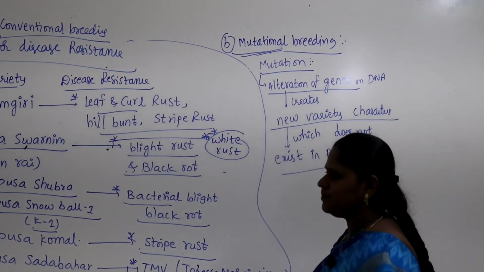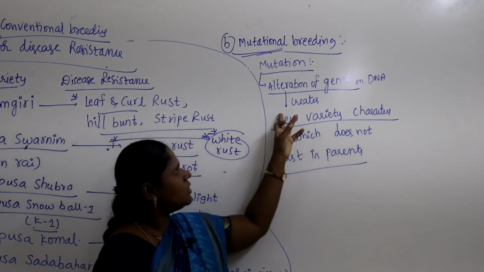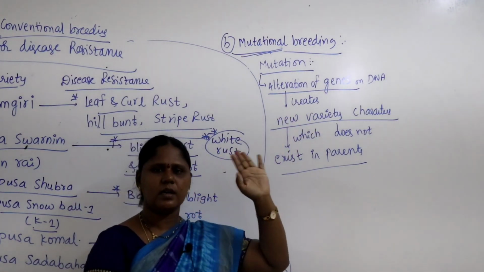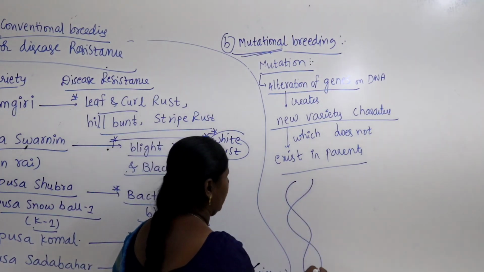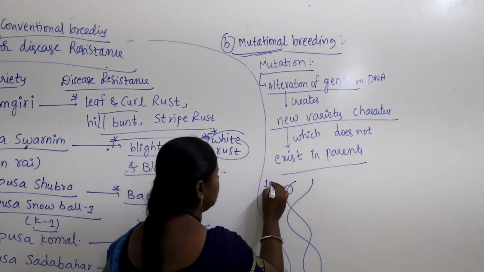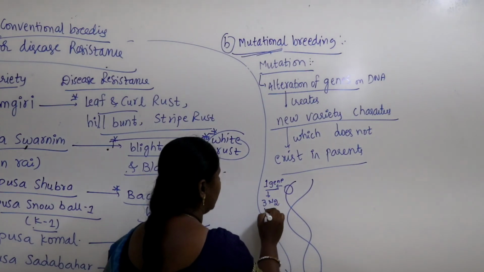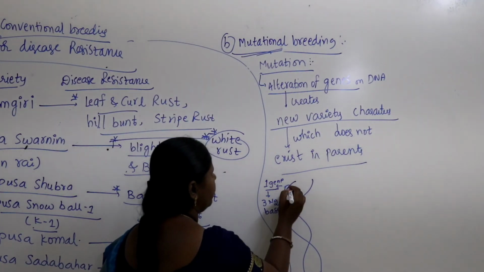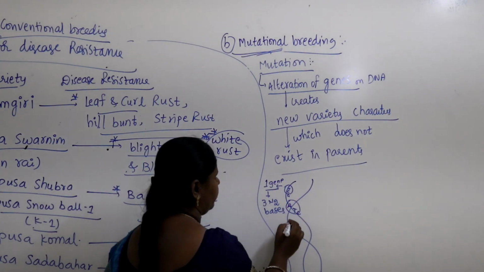I repeat again. What is called alteration of genes on DNA? What exactly is meant by that? Now if you take, this is the DNA. So here are the genes. In the last class I showed you that one gene contains 3 nitrogen bases. For example, GCG, ATC.